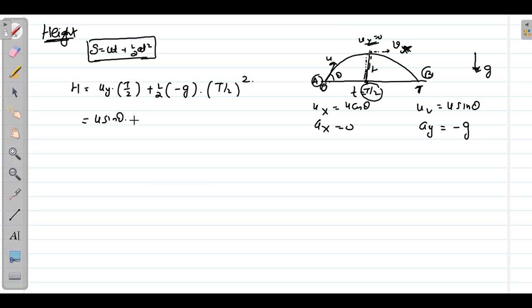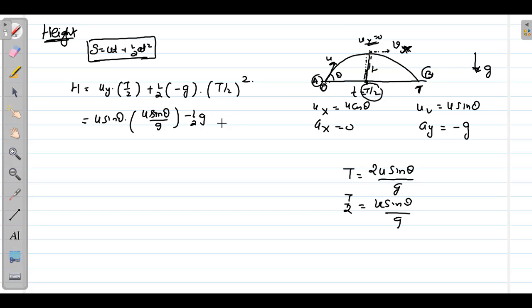u sin theta into T. The time of flight we have already derived is 2u sin theta by g, so T by 2 is u sin theta by g, and we put this value here. u sin theta times u sin theta by g, minus half g, we bring the half outside, times u sin theta by g whole square. Simplifying, it is u square sin square theta by g minus half into u square sin square theta by g square into g, one g cancels, remaining g.